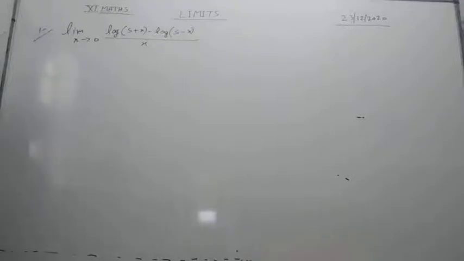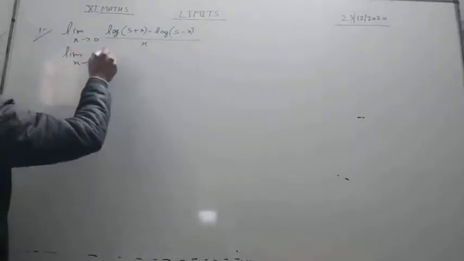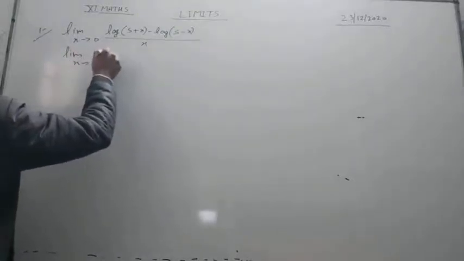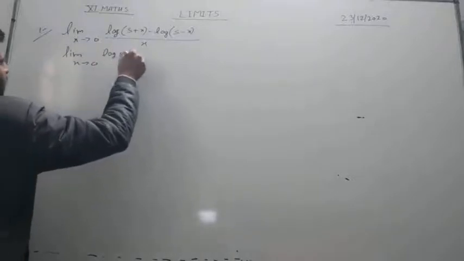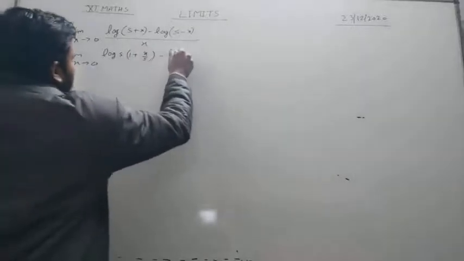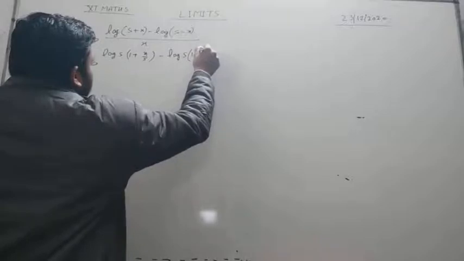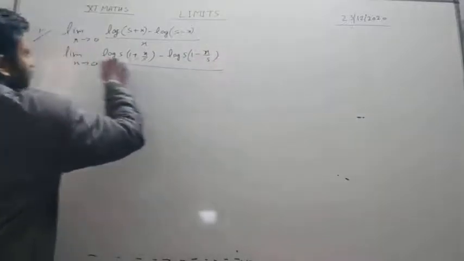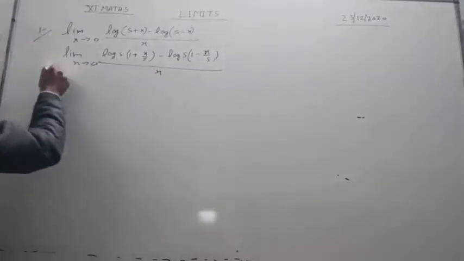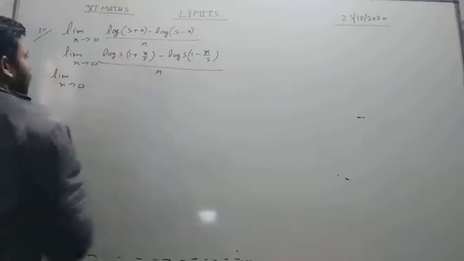So first what we will do, we will take limit x tends to 0 of log 5 outside: log of 1 plus x by 5, minus log of 1 minus x by 5, and this is divided by x. Now we write log of m into n as log m plus log n.